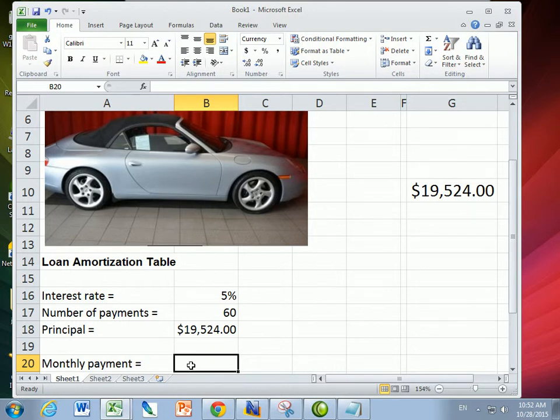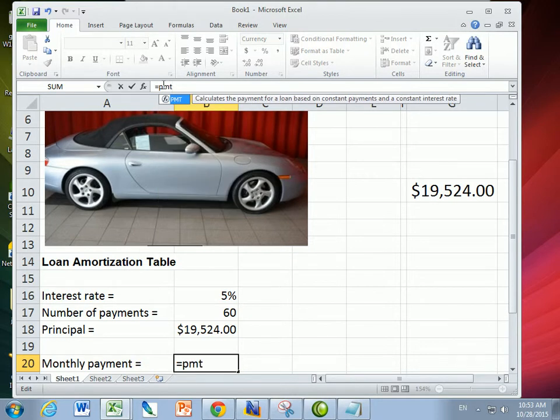So in this cell, which is currently B20, I'm going to use the payment function. To use the payment function, I type in equals PMT, which is payment, and then I'm going to put in the rate. So the rate is going to be this rate here, which is 5%, but a 5% rate, and this is very important, so really look carefully at this.